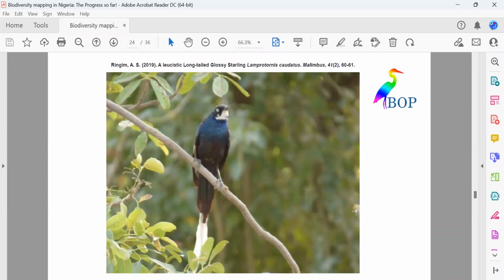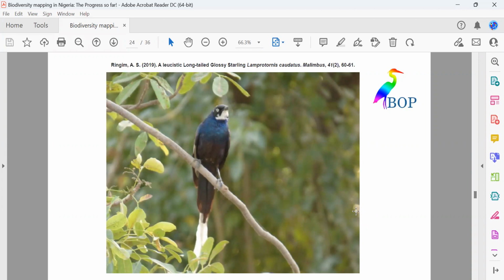Then this is one interesting record on the BOP project, that is birds without plumage. Remember, this is a project meant specifically for birds with an aberration, maybe like deformities. And this is a long-tailed glossy starling. And for those of us that are into birding, we know that this is not the usual long-tailed glossy starling we used to see in the field.